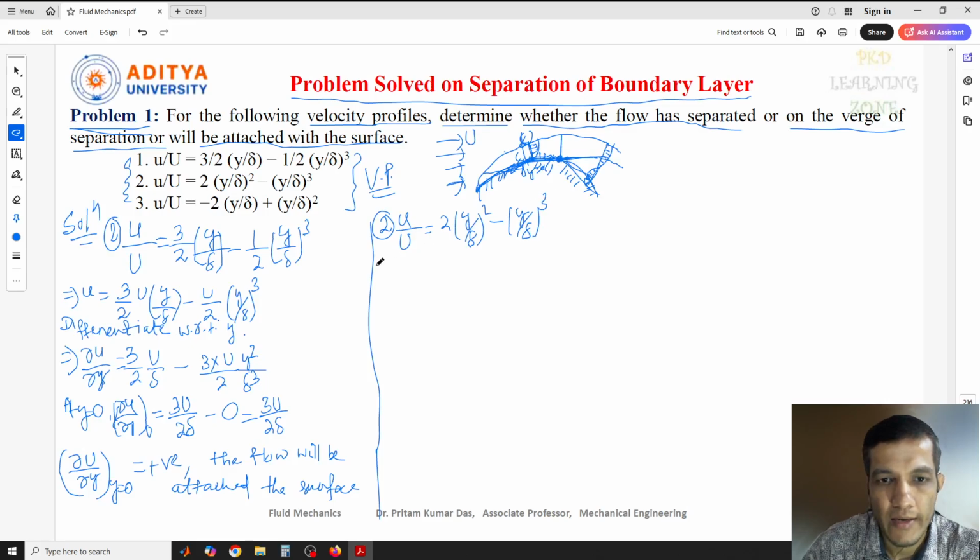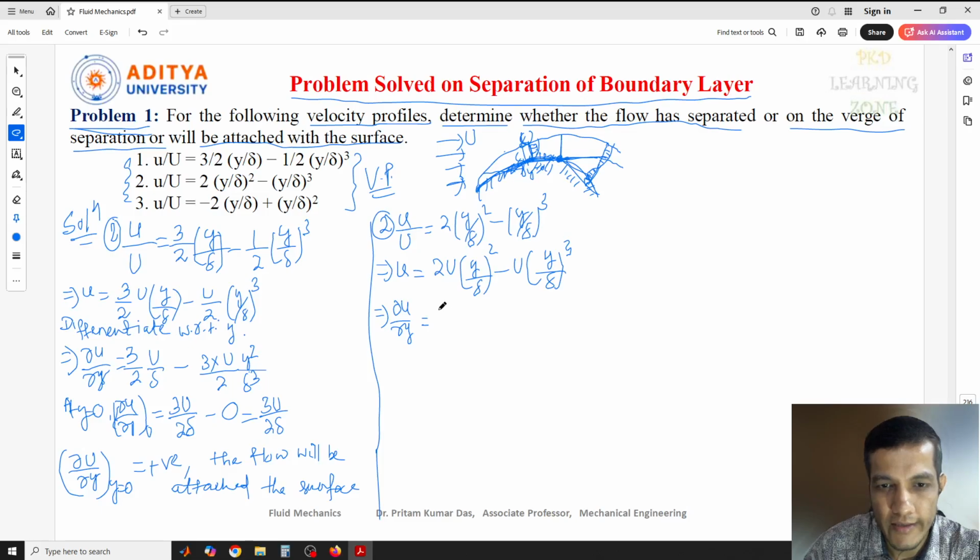Okay. Now here I can write the same thing. I'll keep small u this side and take capital U to the other side in this way: y by delta whole square minus again capital U into y by delta whole cube. Again, just the derivative of this. So del u by del y.